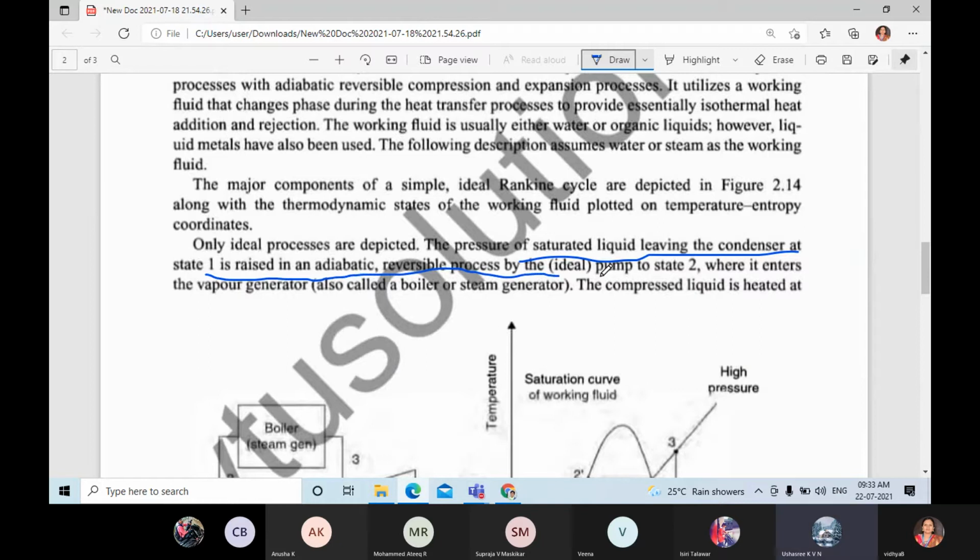State 1: the pressure of saturated liquid leaving the condenser at state 1 is raised in an adiabatic reversible process, and then it pumps to state 2.